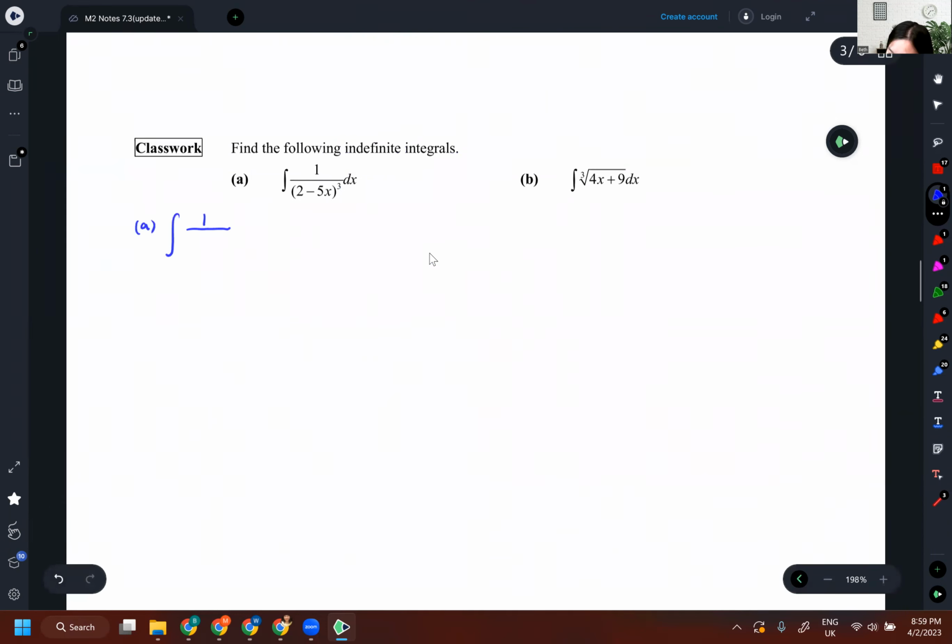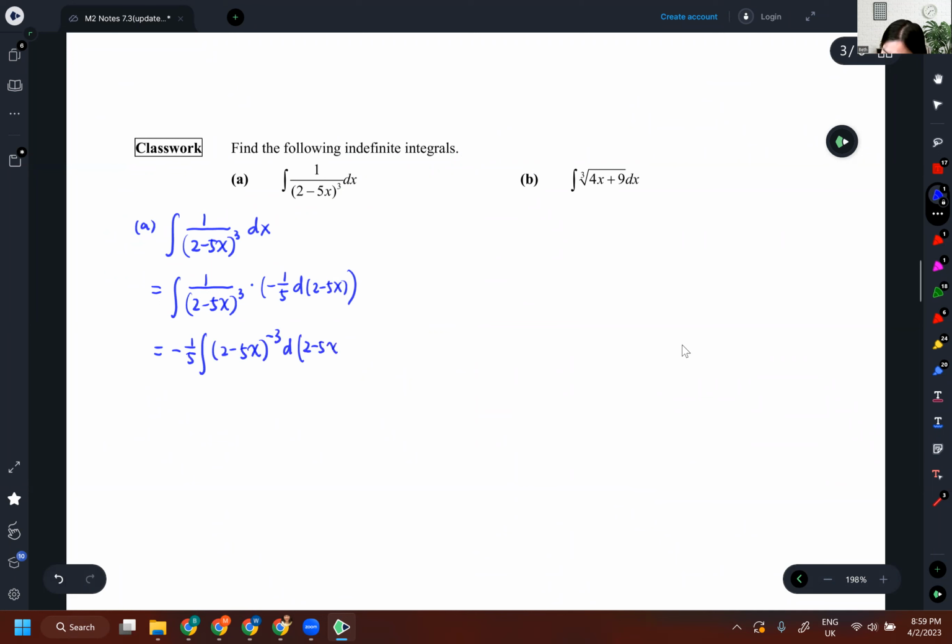Now it looks like I'm multiplying by negative 5 and dividing by negative 5. So it's negative 1 over 5, (2 minus 5x) to the power negative 3, d(2 minus 5x).